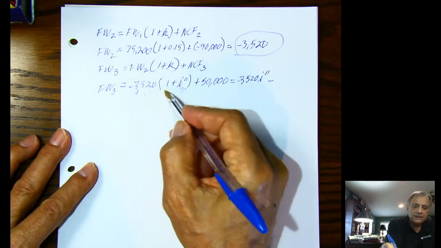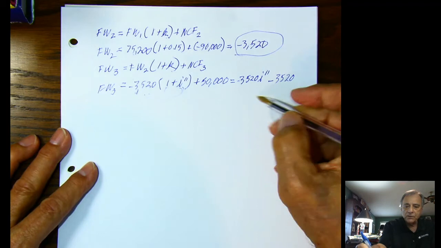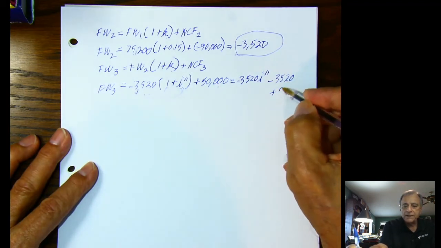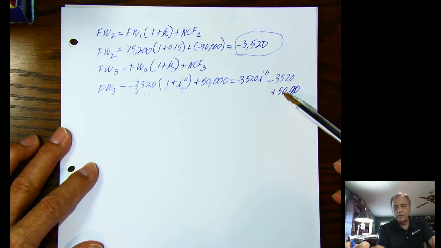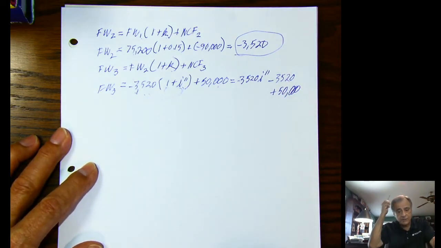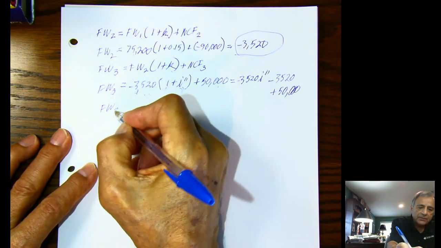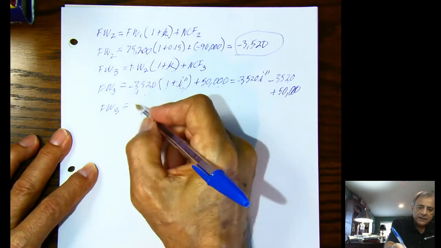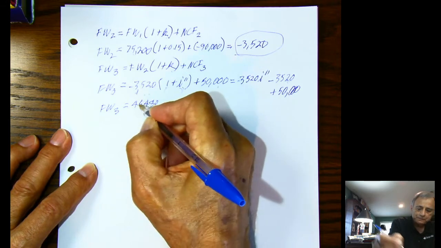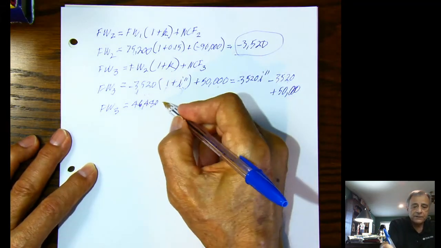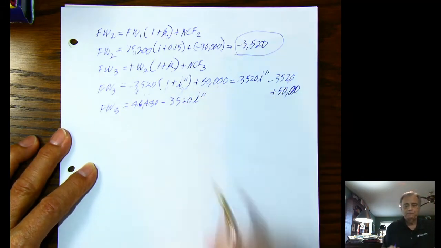And when we multiply it times 1, minus 3,520. And then we'll add the 50,000. When we add these two, we're going to get 46,480. So the future worth at time 3 will be that sum, 46,480, minus 3,520 times I double prime.